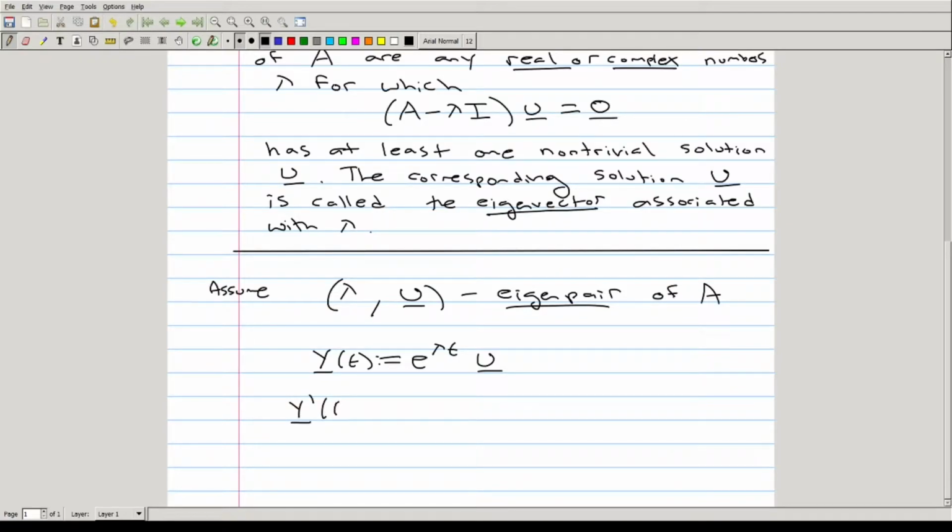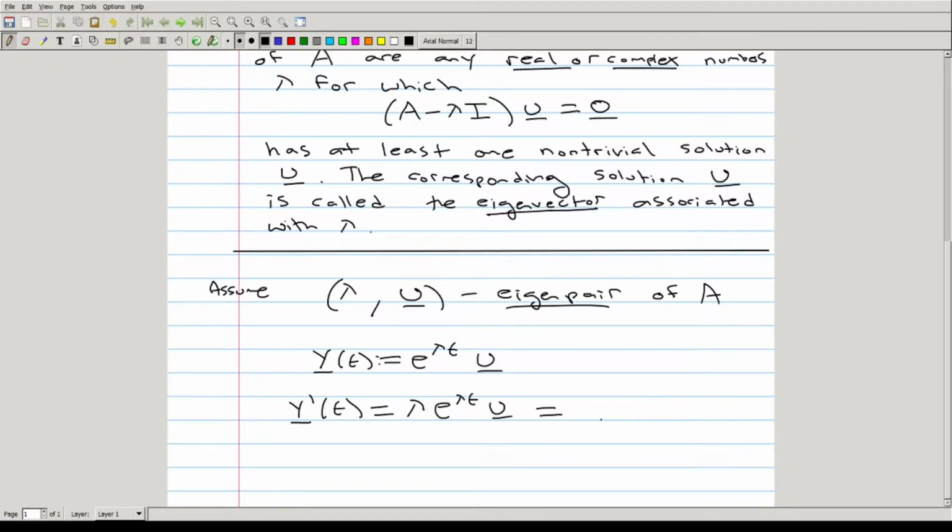If you take the derivative of y of t, u is constant, lambda is constant, so this just becomes lambda times e to the lambda t times u. This holds whether the eigenvalue is real or complex. You can show this.